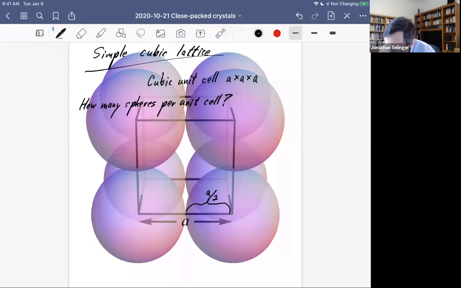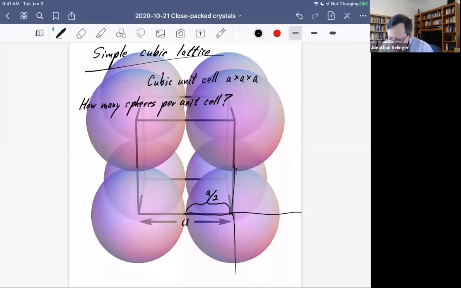So we could say for a particular sphere, like the one in this lower right corner, it is getting sliced into fractions between cubes, right? That are 1, 2, 3, 4 in the back and 1, 2, 3, 4 in the front, okay?